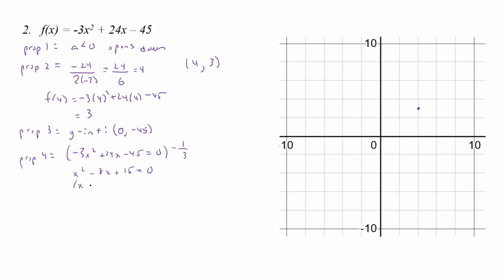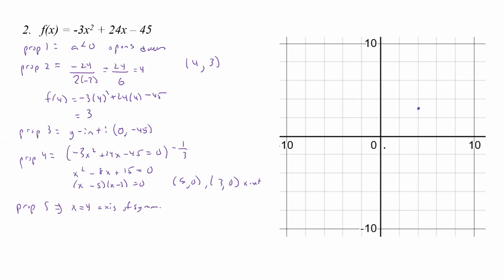So that gives me (x minus 5)(x minus 3) equals 0. And so I get (5, 0) and (3, 0) for my two x-intercepts. Okay. And then our property 5, that was our x equals 4 is the axis of symmetry, okay?